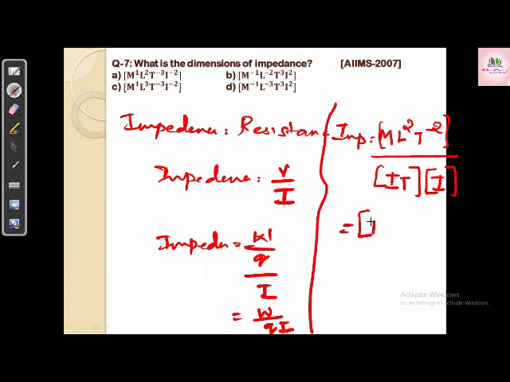Don't worry about the numerator, just simplify the denominator. So I is there, so that is I square into T.